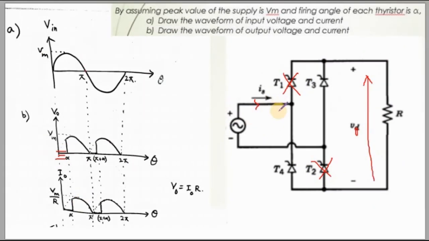So the moment you turn on this thyristor and that thyristor, which is happening at alpha, this path is short circuited and this path is also short circuited. So what will happen? This is the voltage source.